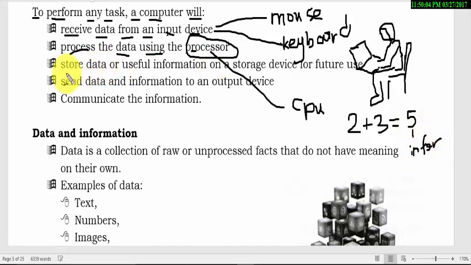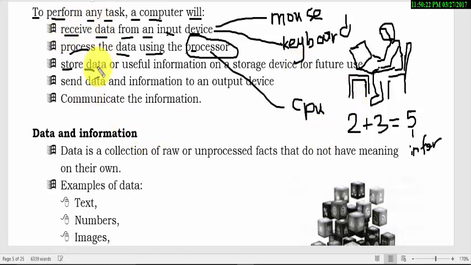So to perform any task, a computer will store data. To store means that this data, or let's say information, is going to be kept in the computer or outside the computer.